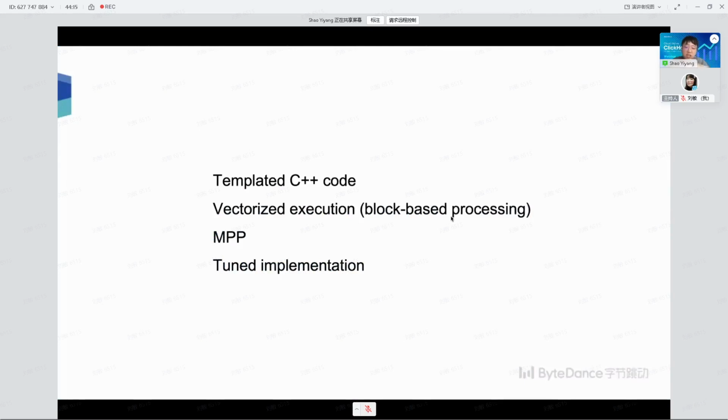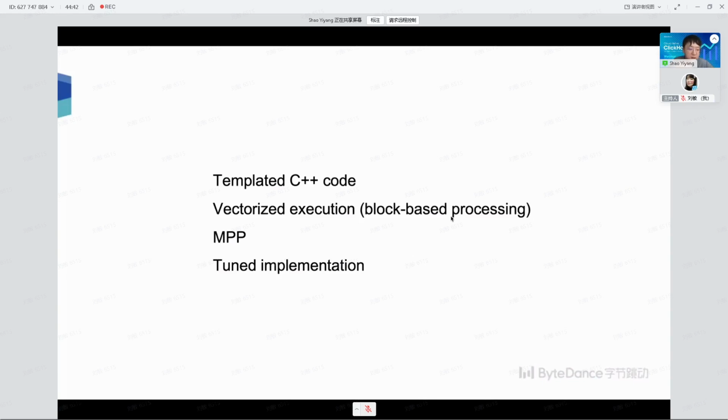First of all, it's a C++ code base. So unlike some other Java-based Hadoop ecosystem, the code itself is optimized to the extreme. And ClickHouse also incorporates vectorized execution, like SIMD, it supports SSE 4.2 plus.